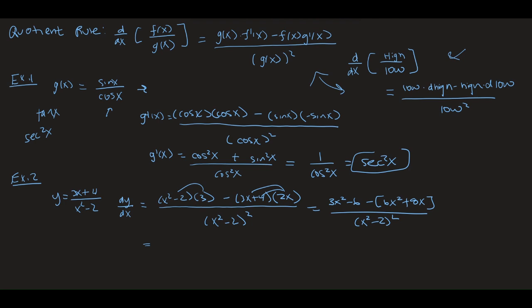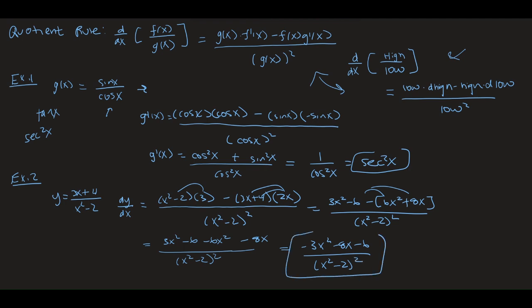And then let's go ahead and distribute our minus sign right here. Keep the bottom. Oh, my pen stopped working. There we go. And then if we look at the top, this is going to be equal to minus 3x squared minus 8x minus 6. And then we can just leave the bottom as x squared minus 2 squared, and that would be our final answer.